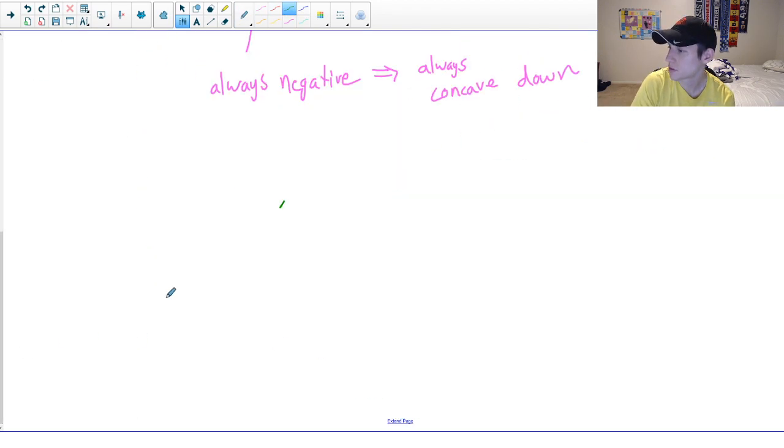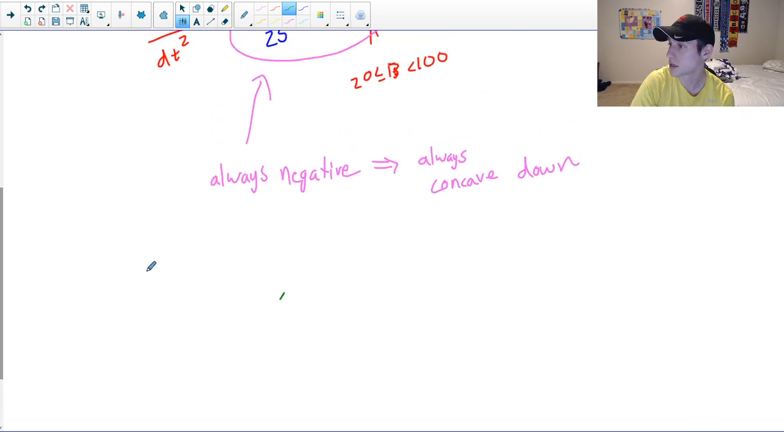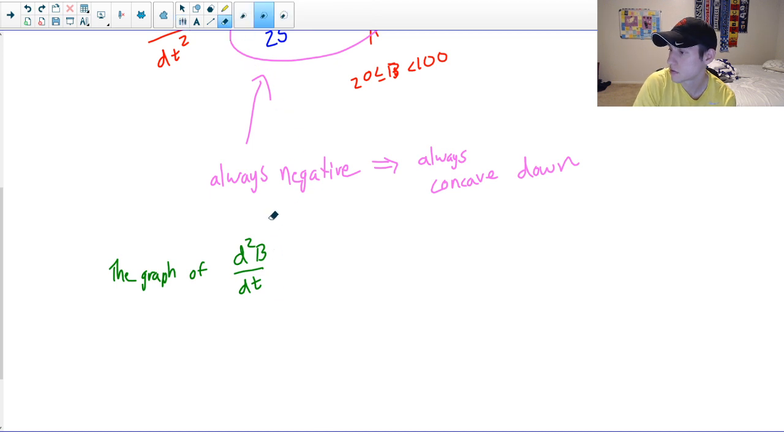So let's just write out what we just said, kind of shorter. The graph of this second derivative will always be concave down.